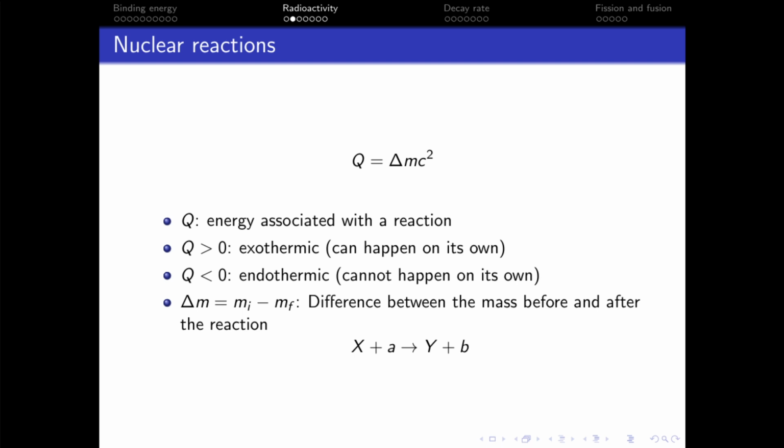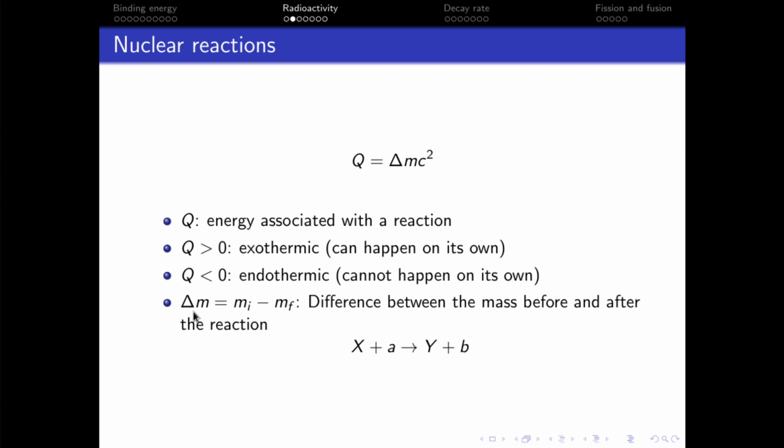It is again given by a difference between two masses. Here, instead of being the difference between the mass of all of the components and the nucleus as we had for the binding energy, instead it will be the difference between the masses of what we have before the reaction and what we have after.